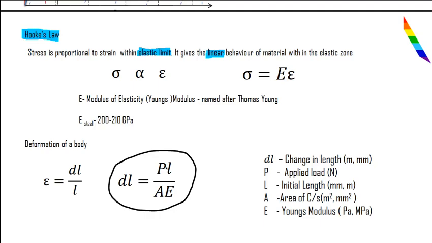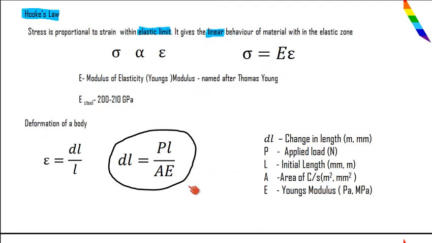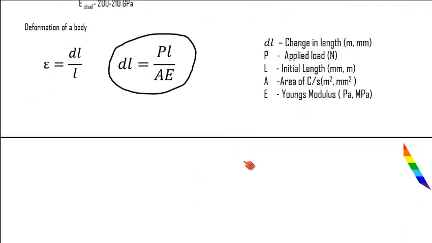So dl gives us the change in length happening on a material. This is how we idealize Hooke's law, and thereby the change in length happening on a body.